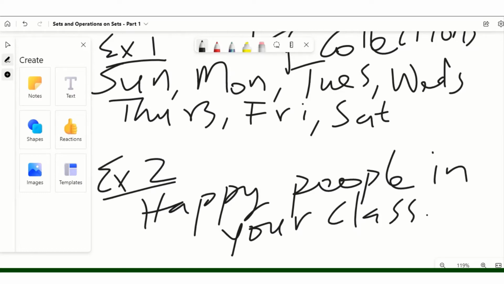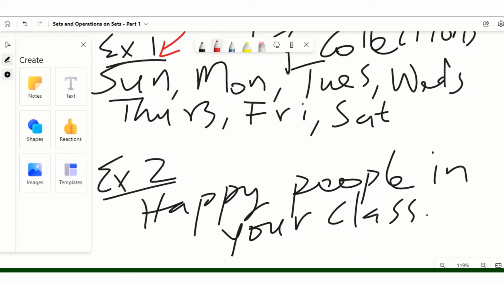So we cannot decide whether to include Chris in our collection. But in the first example, we can definitely decide whether a given object belongs to a given collection or not. Because when you look at this example 1, we know that they all belong to the days of the week. They are all days of the week. So it's a definite collection.